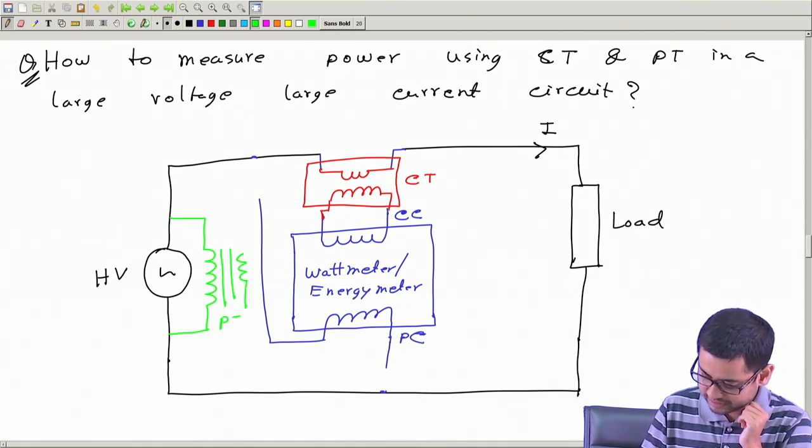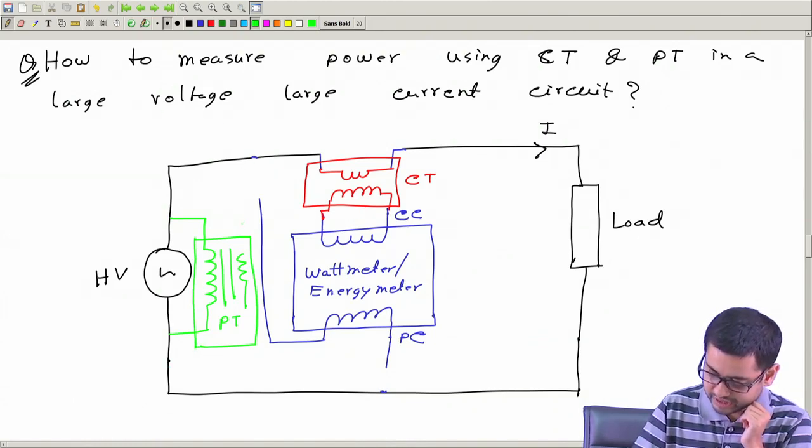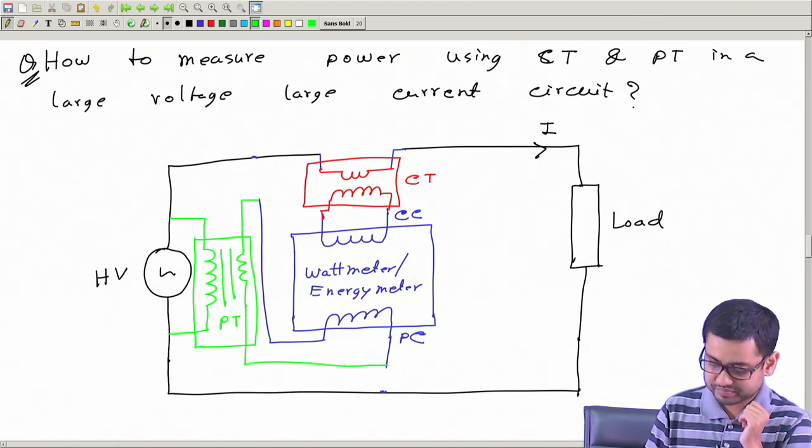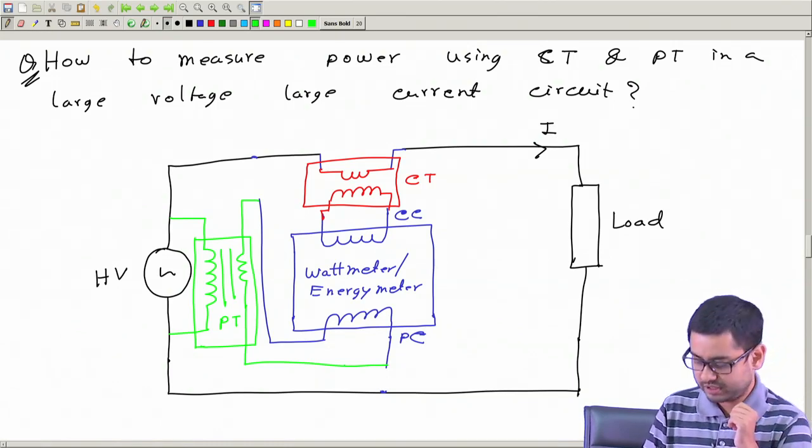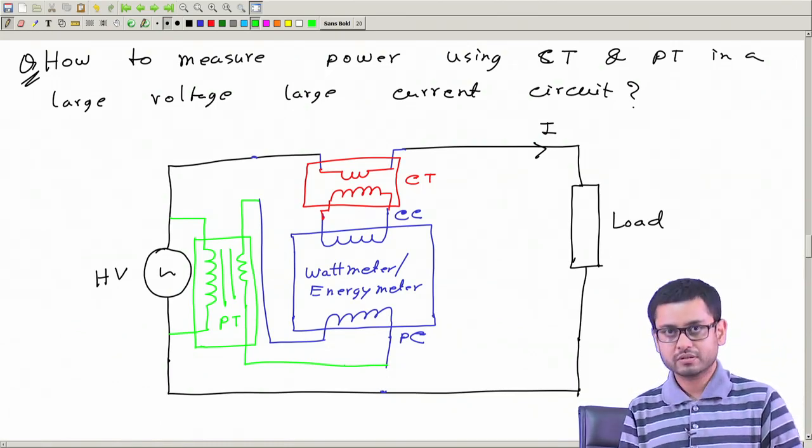This is PT. And then we will connect the secondary side to the pressure coil of the wattmeter. So that's how to do it. So simple.